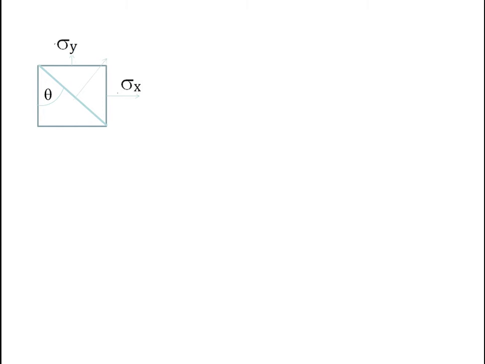Both these planes do not carry any shear stress. Thus, both the horizontal and vertical planes are principal planes. In the oblique plane, the normal stress is sigma n and the shear stress is tau. Both these stresses are unknown quantities, and you can determine them.